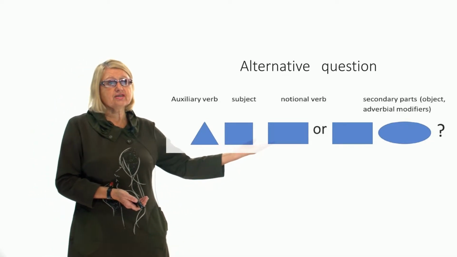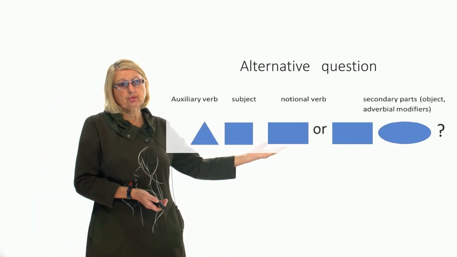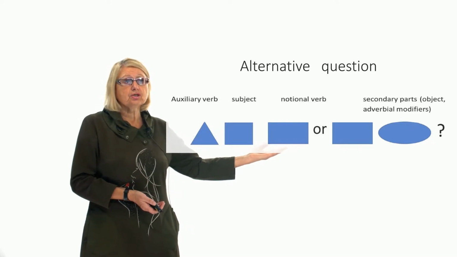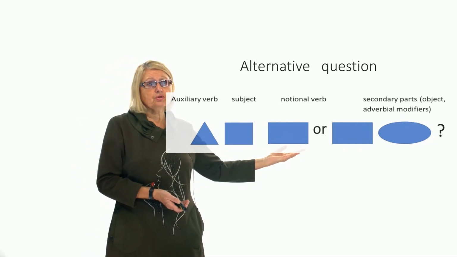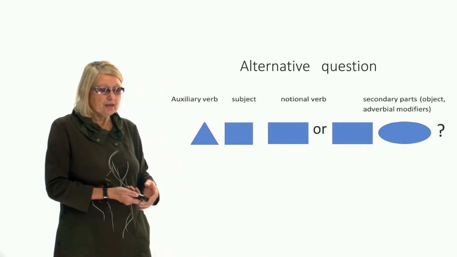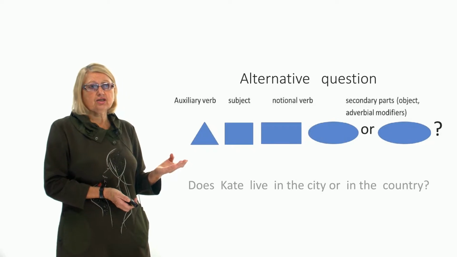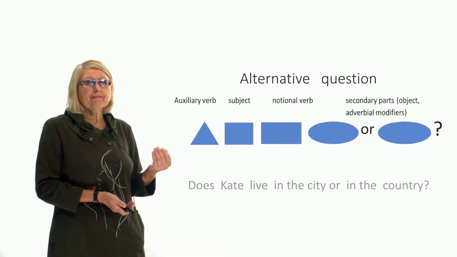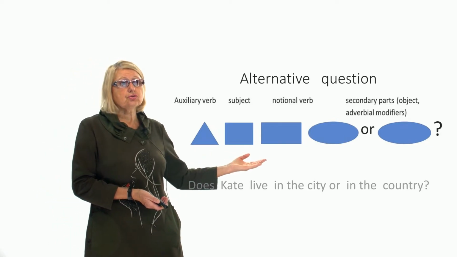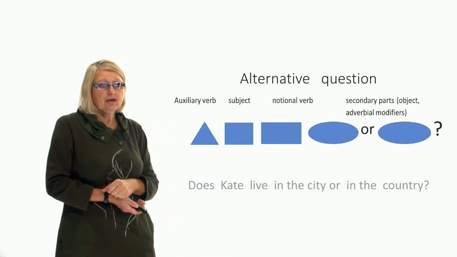Here you see the scheme of putting an alternative question to the notional verb, the first and then the second. And here you can see the variation of alternative question. It is a question to the secondary parts.